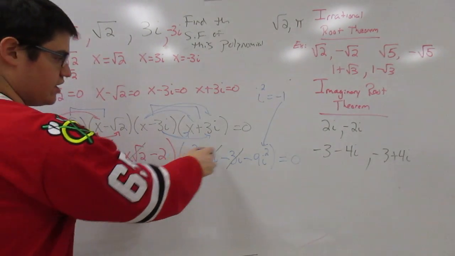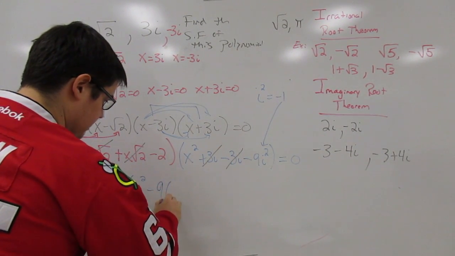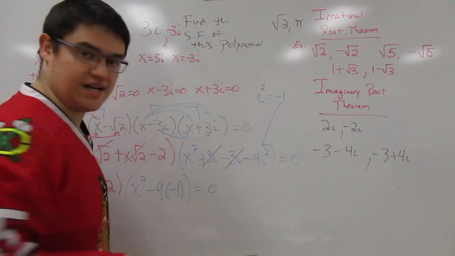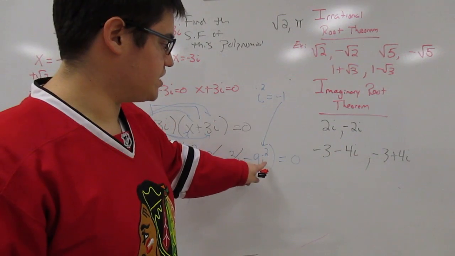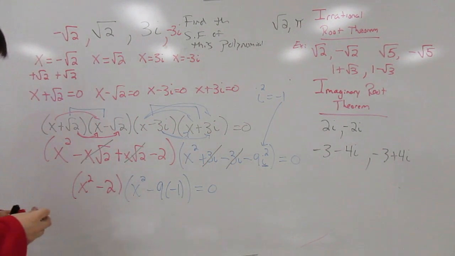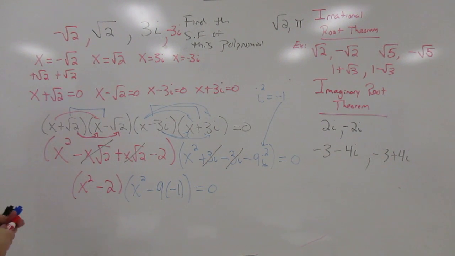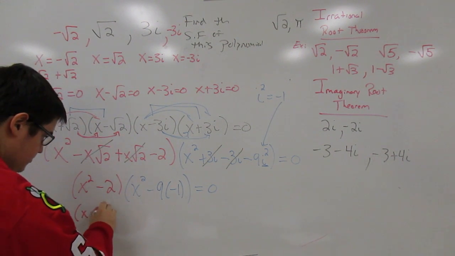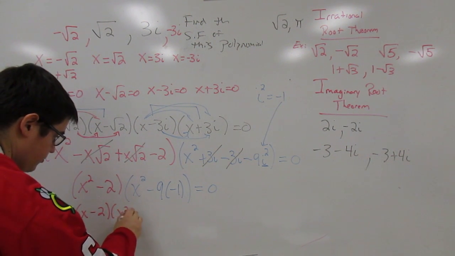So I get x squared minus 9 times negative 1. It's not negative 1 squared. i squared equals negative 1. So you replace that with negative 1. And then making this look nicer, x squared minus 2 times x squared plus 9.